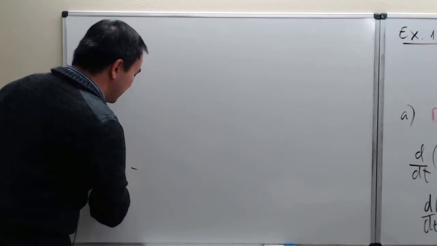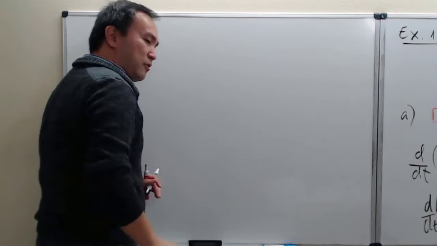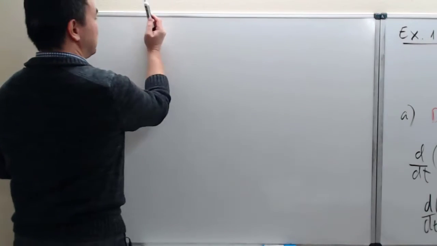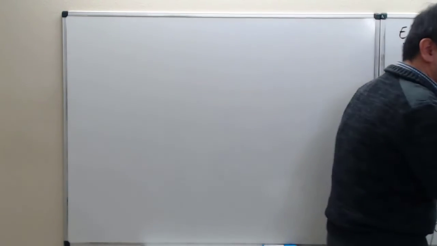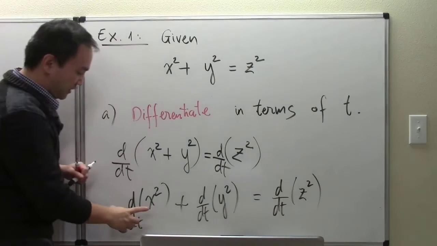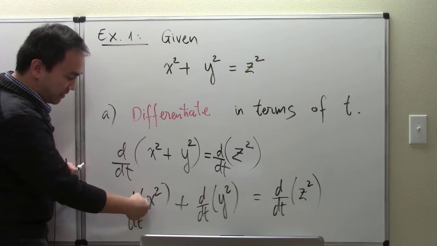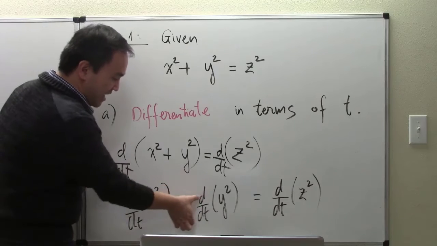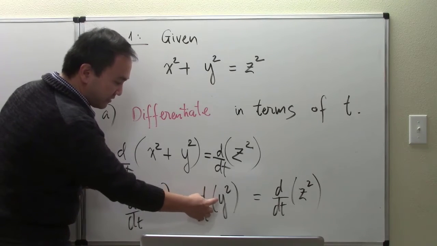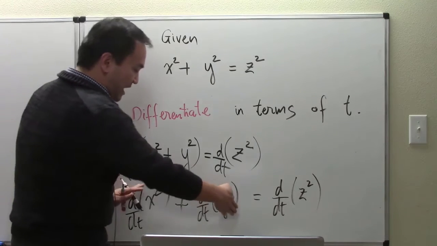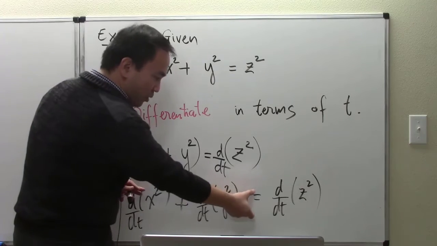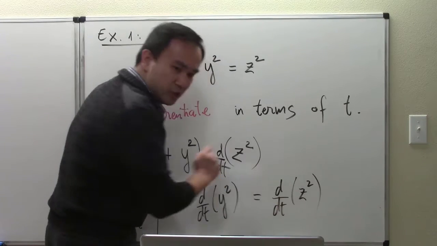So all 3 little pieces have been found. From my previous step, we got the differentiation of the first term x squared, added with whatever comes out after differentiating the y squared term, and both of those added together should equal the differentiation of the z squared term.